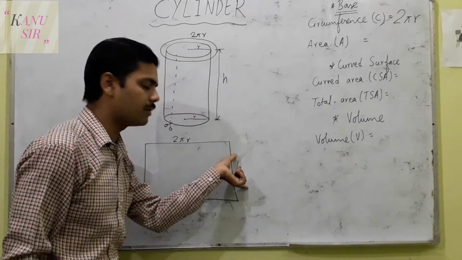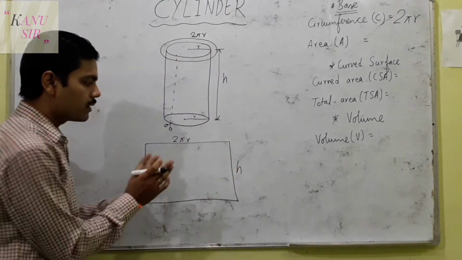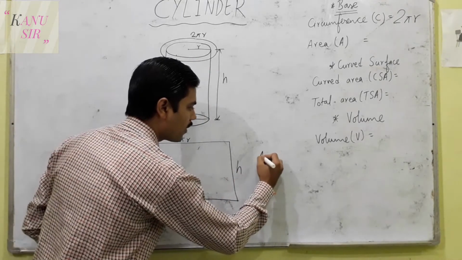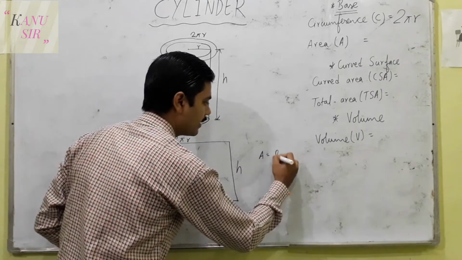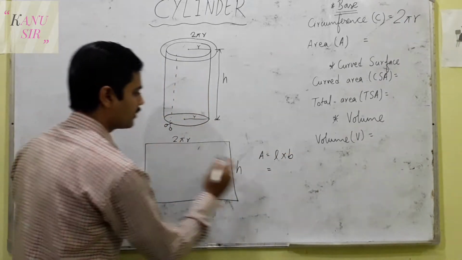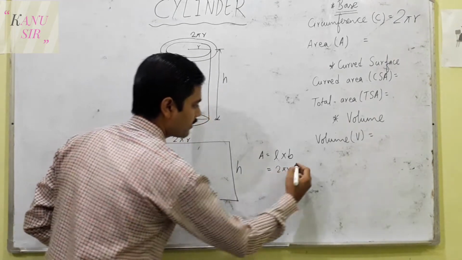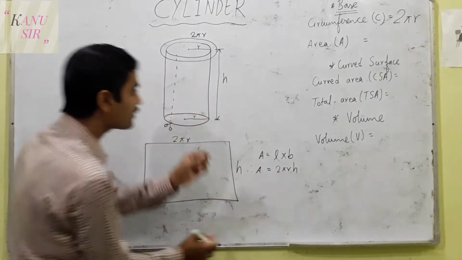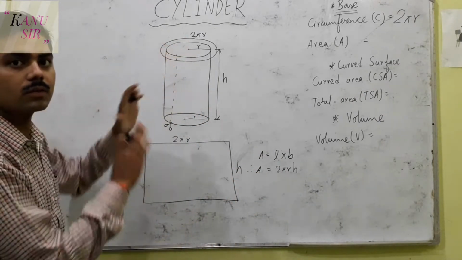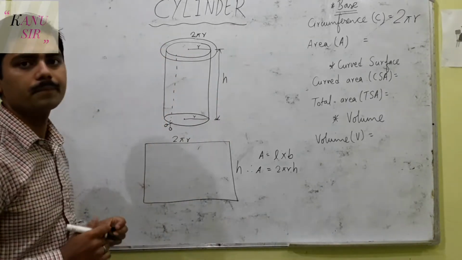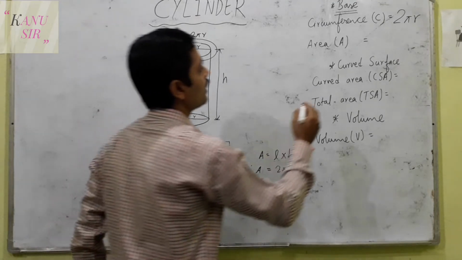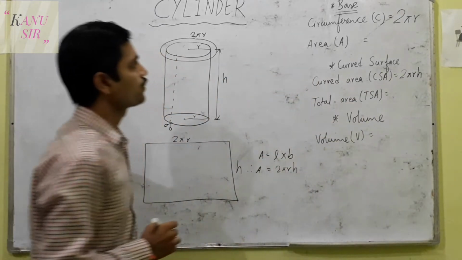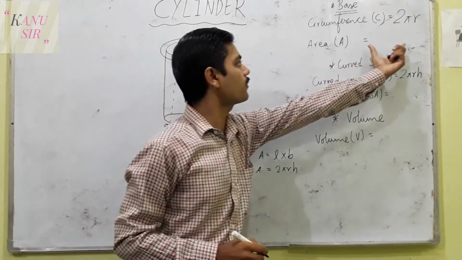So if we don't look at the cylinder and simply write the area of a rectangle, we write length into breadth, but the length is 2 pi r and the breadth is the height, and hence the curved area of a cylinder comes to 2 pi r h.